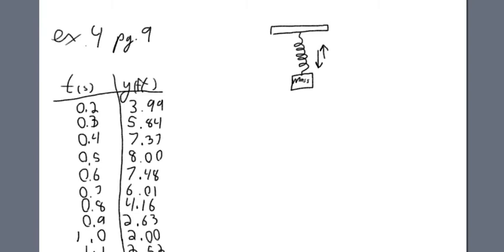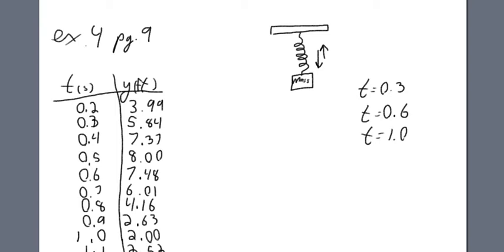Now, we want to know how fast it is moving at t equals 0.3, t equals 0.6, t equals 1.0. Now, this time, once again, we cannot use equations, so we can't come up with that.